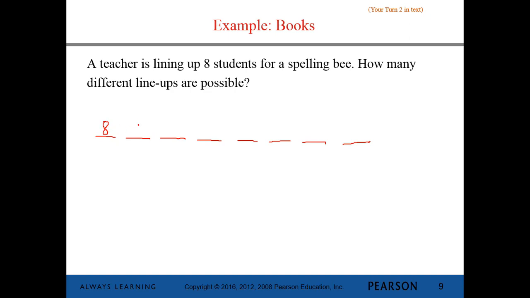So we only have 7 people remaining to be second, 6 people remaining to be third, and so on. We get all the numbers from 8 to 1, and the fundamental counting principle says we multiply all of these together to find how many different lineups of students we can have.